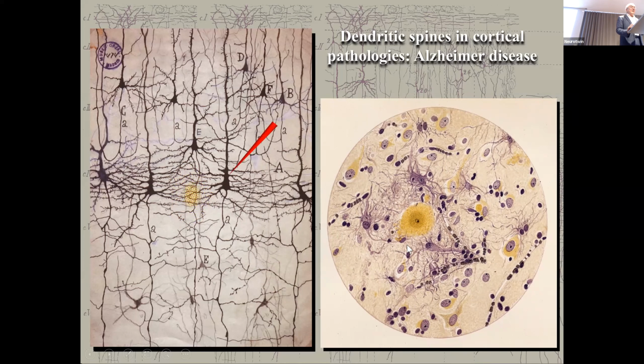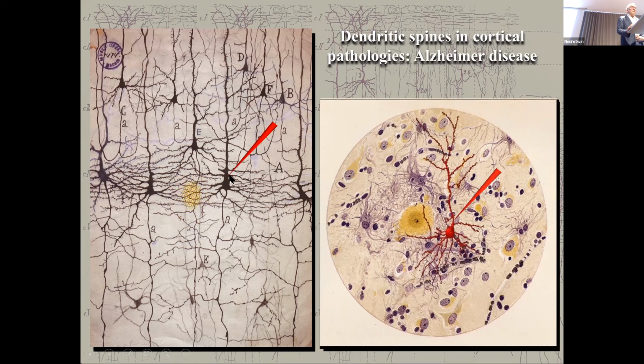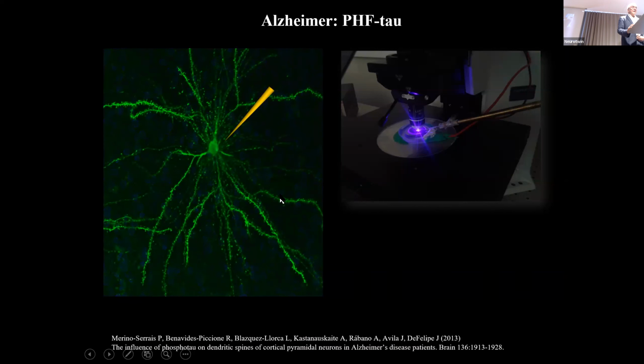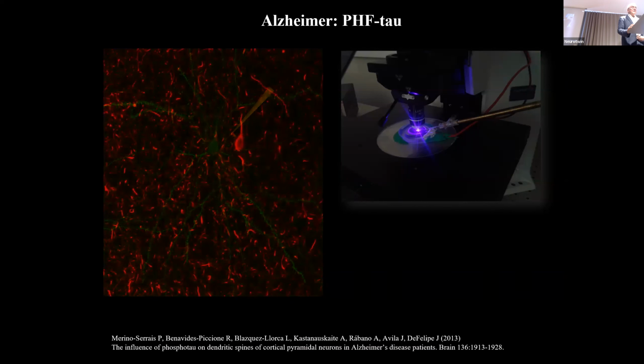Now I'm going to go very fast, just to explain what happens regarding the dendrites. What we are doing is making injections in neurons to visualize what happens with the dendrites when they touch the plaques. Here you can see an example where we inject the neurons, and we stain for tau.